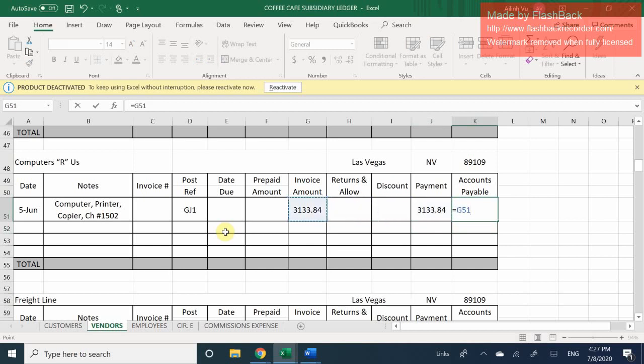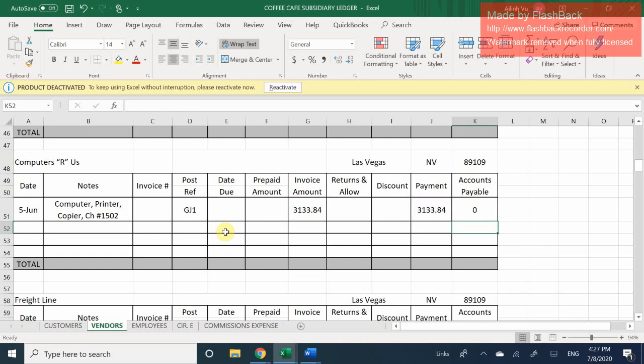We're going to take our total invoice amount, subtract any prepaids, subtract any returns and allowances, subtract your discounts, and subtract any payments you have made. So therefore, I don't owe anything. Right. We paid them off.